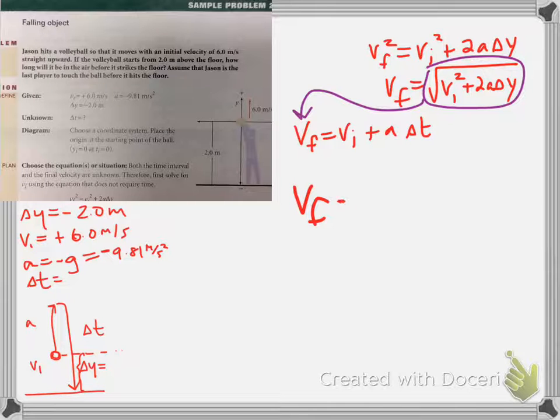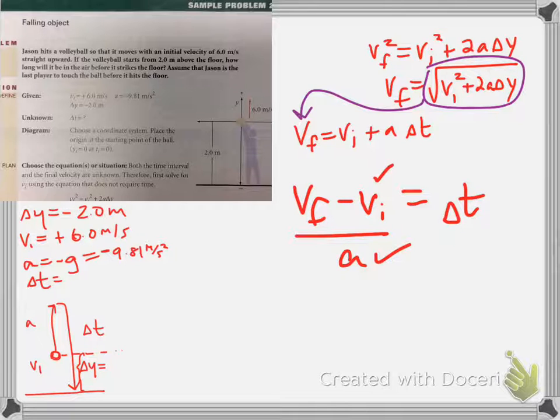So Vf minus Vi equals a delta t. I can divide both sides by a, and that gets me a solution for delta t, and that's what I want. And I have Vi, I have a. If I plug this expression in, that's going to connect that back to my delta y and my a. So that's going to put in all the variables I need.